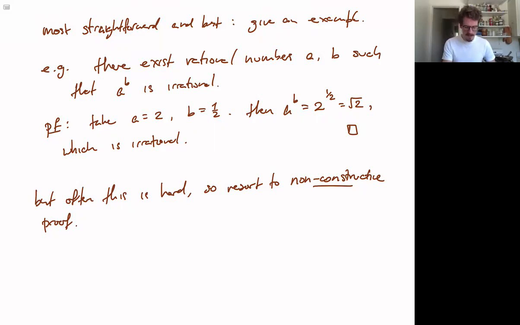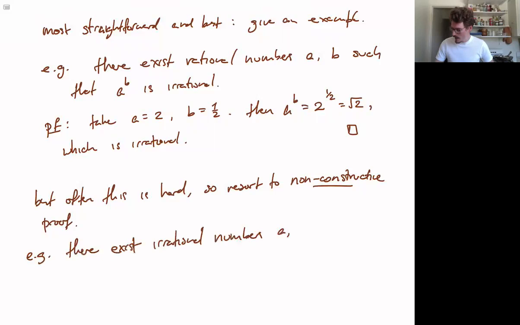So here is a silly little one. Let's do the same thing that we just did, but with a little swap. There exist irrational numbers a and b such that a to the b is rational.